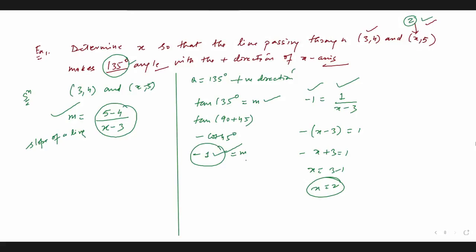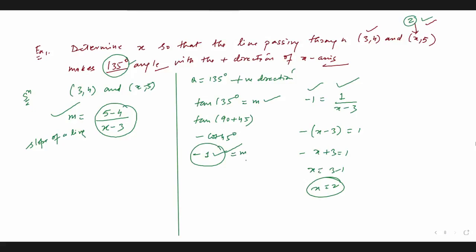So like this, we can apply this formula in order to calculate the angle between the two lines. And the conditions that we have learned: when the two lines are parallel, when the two lines are perpendicular. Parallel lines is when both the slopes are equal. And what is the condition for perpendicular?